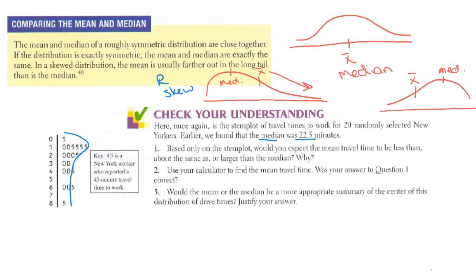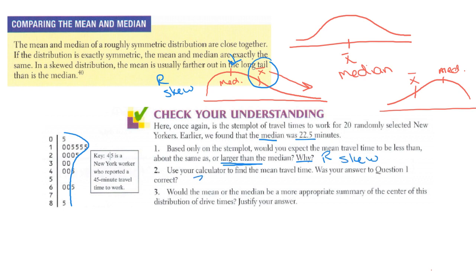So my median is going to be here, and my mean will be further down the tail. So I expect my mean to be larger than the median because the data is right skewed.